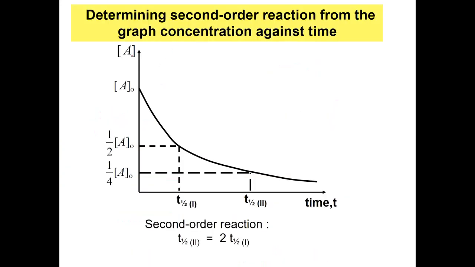When we plot the second order reaction, your T half will be half and then T half 2. Your second order reaction will be this one, so T half 2 is equal to 2 T half 1.